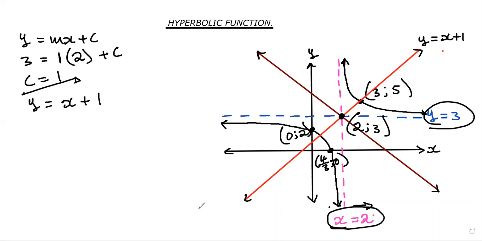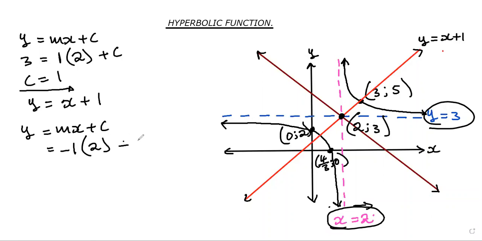But if you must find the equation of the line of symmetry with a negative gradient, then you know the gradient is negative 1. You'll still use the form y equals mx plus c, but the gradient is negative 1, the x value is 2, and the y value is positive 3, and we are still looking for c. Negative 1 times 2 is negative 2.